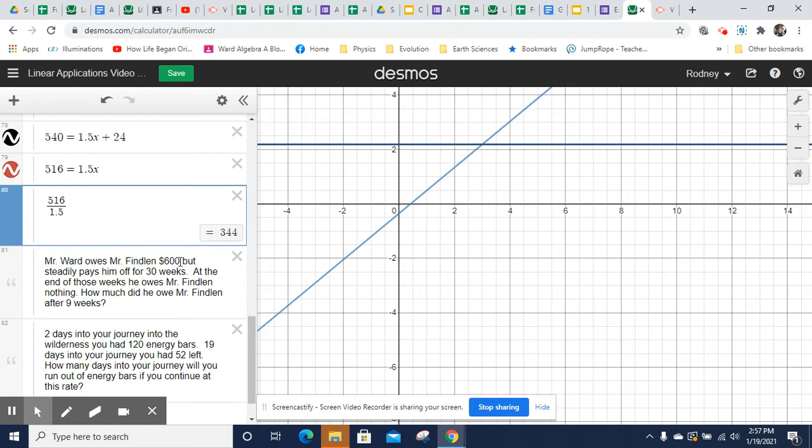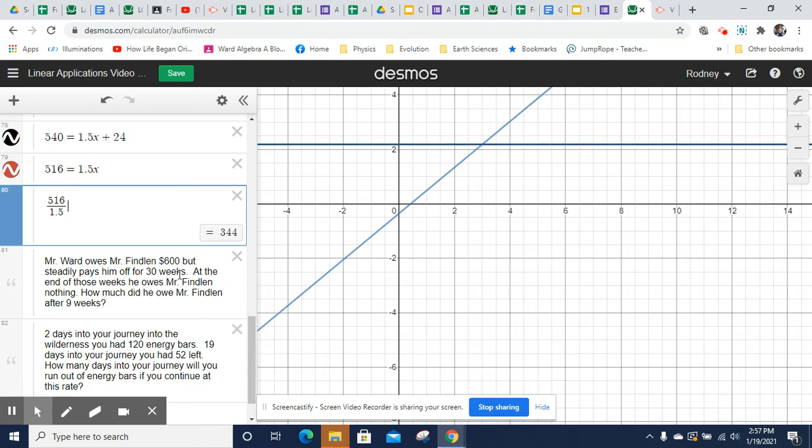Mr. Ward owes Mr. Finland $600, but steadily pays him off for 30 weeks. At the end of those weeks, he owes Mr. Finland nothing. How much did he owe Mr. Finland after 9 weeks? So first, we want to come up with an equation. So we know that I start off $600 in debt. So that would be like a negative $600.